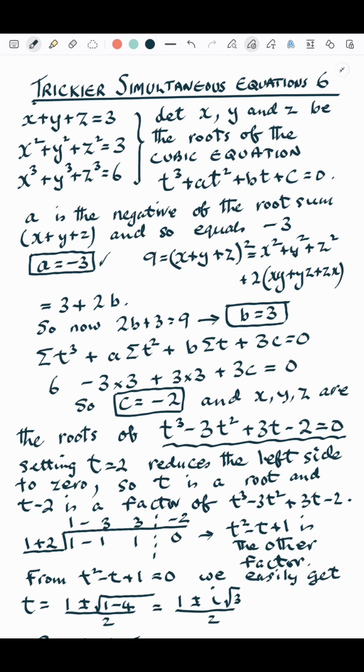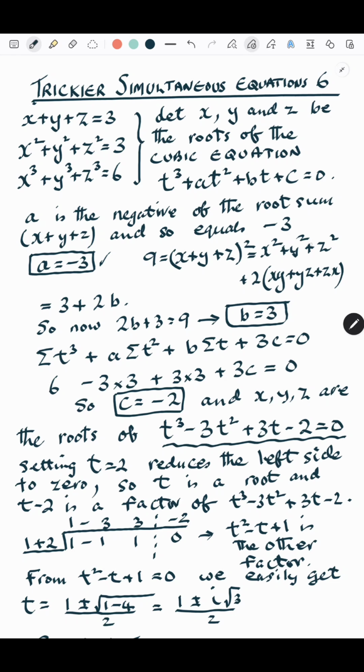Next, I've squared the sum of the roots, x plus y plus z, and because that's equal to 3, we'll get the following equation: 9 equals x plus y plus z all squared, which when you multiply it out is x squared plus y squared plus z squared plus twice bracket xy plus yz plus zx.